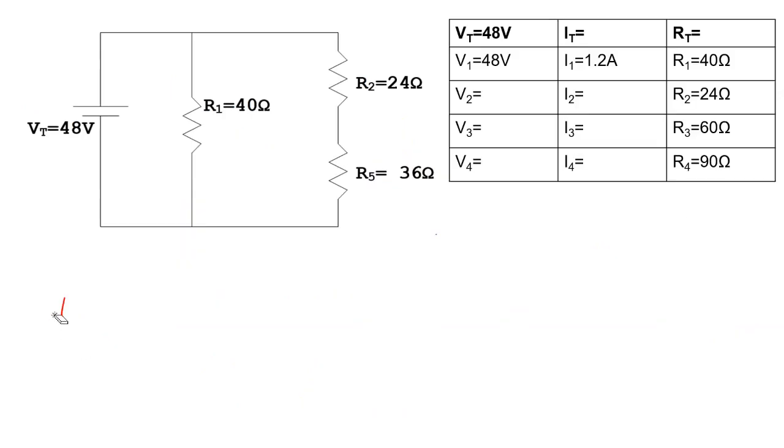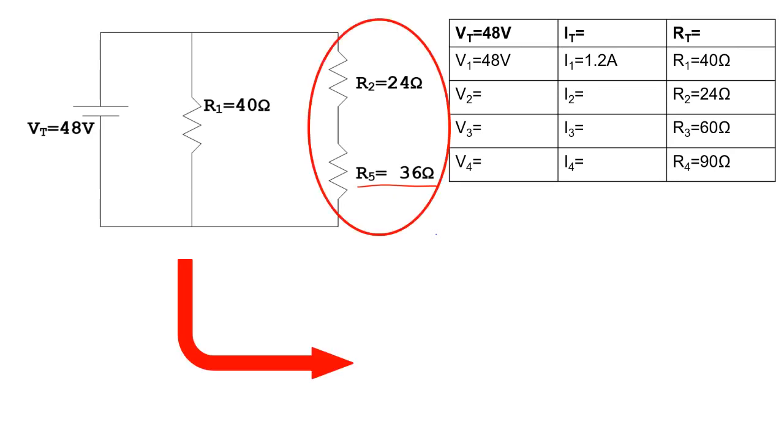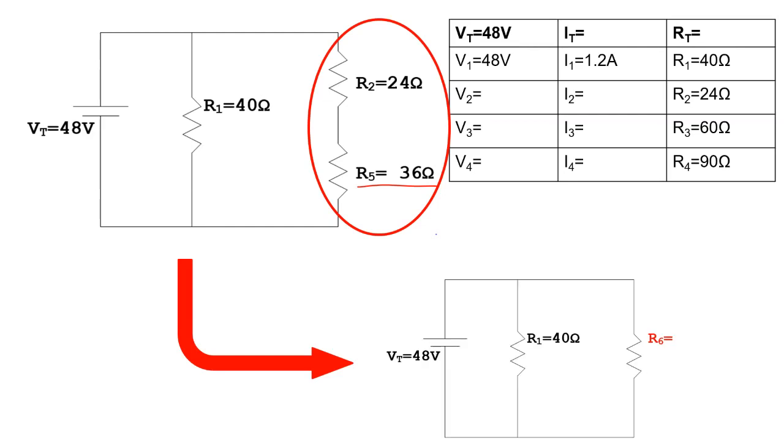Okay, next, so I put our values into our table. Okay, so now we're going to keep going here, and we have our R5 that we just found. We're not going to put that in our table because it's not an actual resistor that we're being asked for. But the next step we'll do is to combine those two series resistors and change them into an R6.